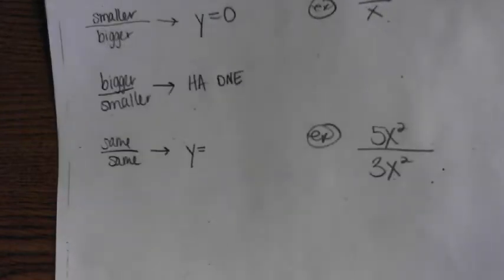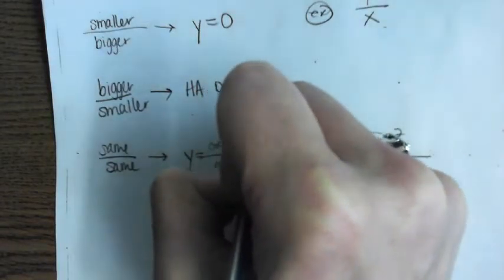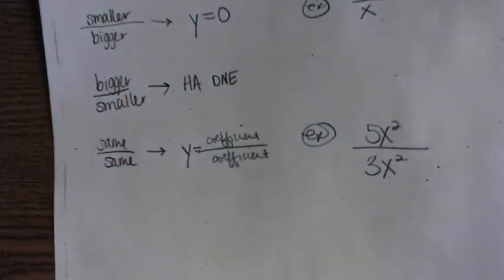Where obviously is that coming from? 5/3 is coming from the coefficients. Y equals leading coefficient over leading coefficient. So you have to remember these rules. Small over big, big over small, same over same. I would argue you already know the small over big because it's the parent graph.